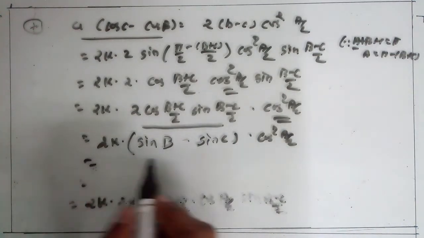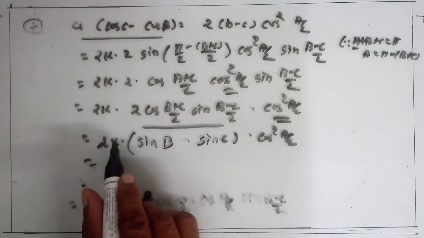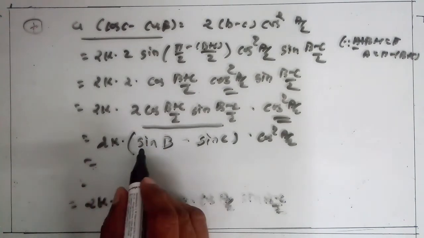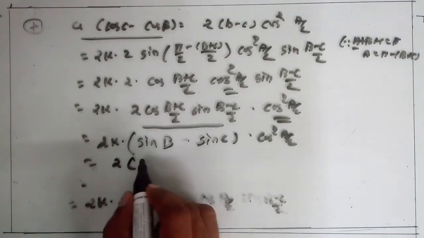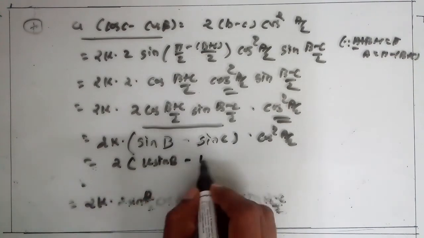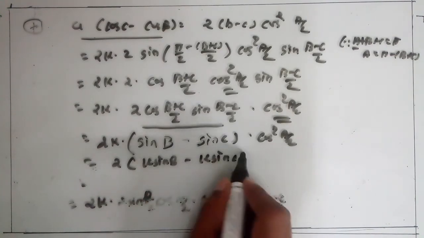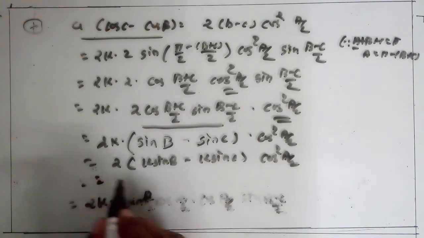Clear this? So it is equal to, now 2k only, take k inside, so k sin B, k sin C. So 2 into (k sin B minus k sin C) into cos square A by 2. So it is equal to 2.